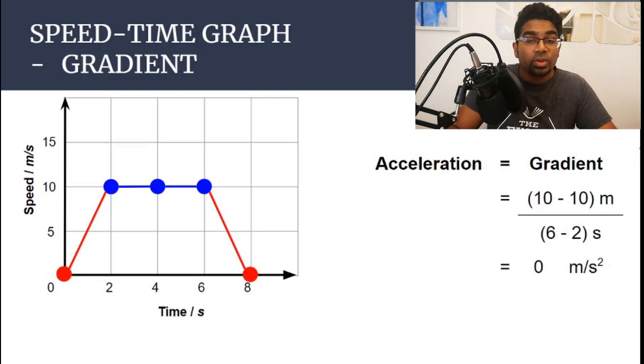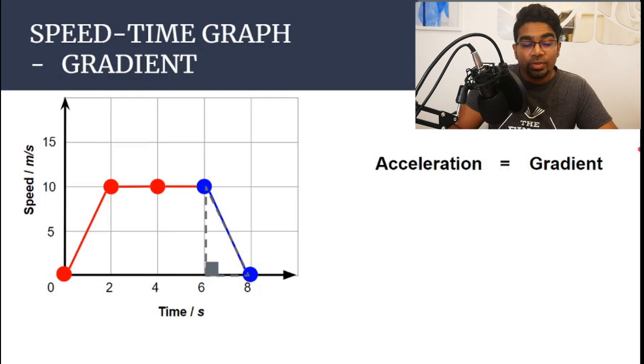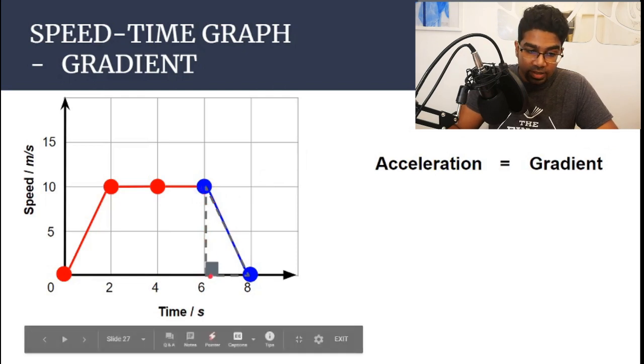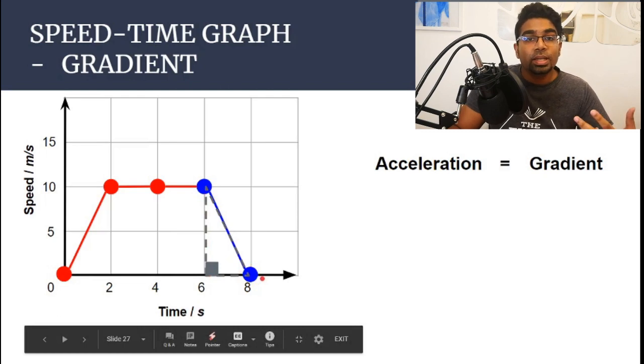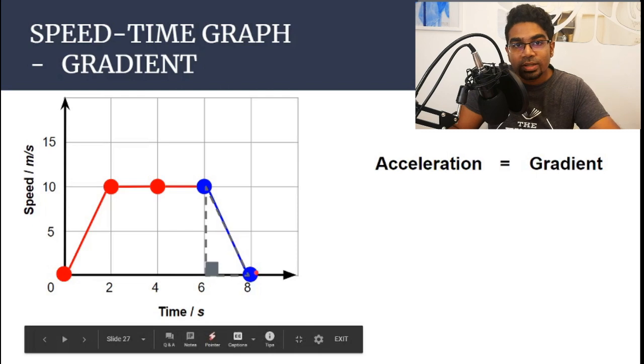How about if we have a negative gradient then? A negative gradient, let's look at this motion here. So at 6 seconds, the car is moving at 10 meters per second. However, 2 seconds later, the car is not moving anymore. So the only logical reason here is that the car is slowing down.